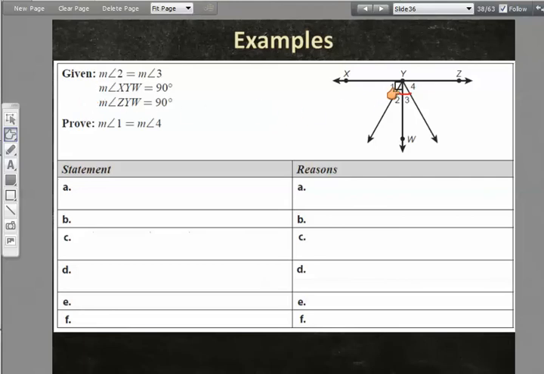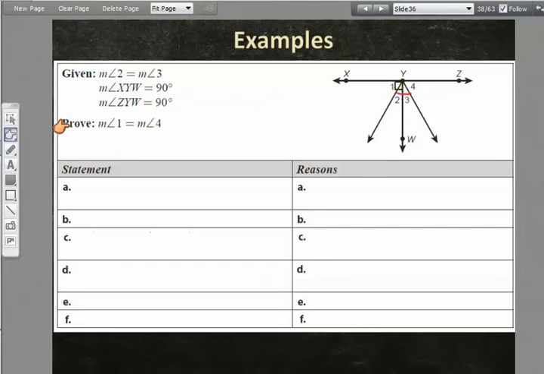I put this red line going through here showing that angle 2 and angle 3 have equal measures. And I put this black square right here to indicate that angle XYW is 90 degrees. If I put a square here saying this angle is 90 degrees, this is automatically 90 degrees over here.